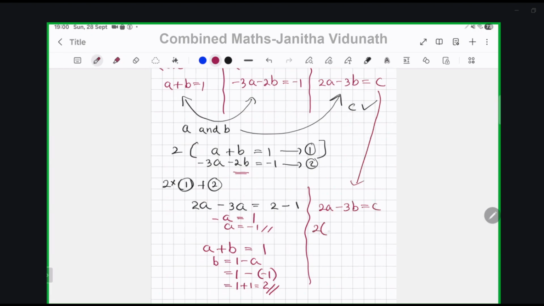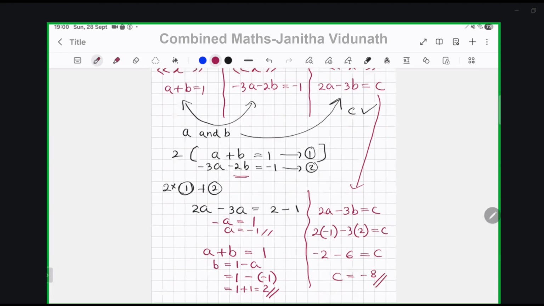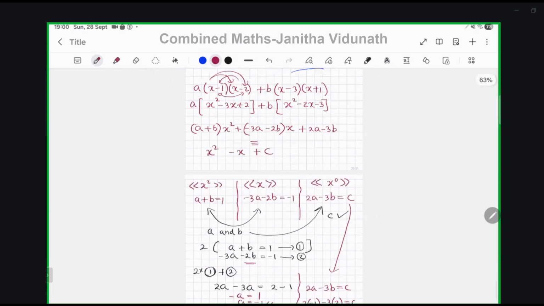Then we get 2 times minus 1 minus 3 times 2, that means minus 2 minus 6 is equal to c. That means c is equal to minus 8. Okay, write down this answer.